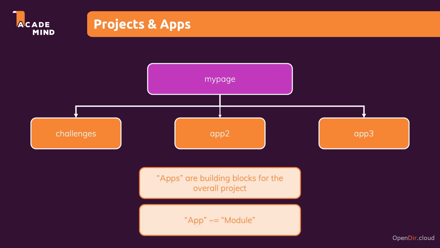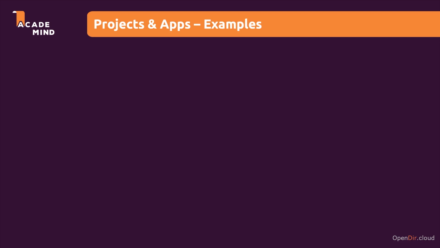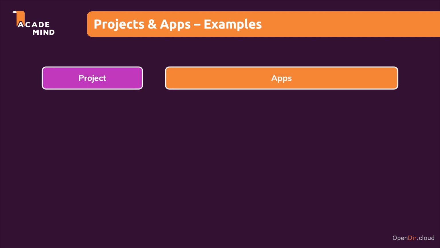And we could translate the name app here with module. Since app sounds like a big standalone thing, it actually turns out that even a part of a bigger application could be an app in the Django world. And let me give you a couple of examples for this. Let's say you're building something like Google.